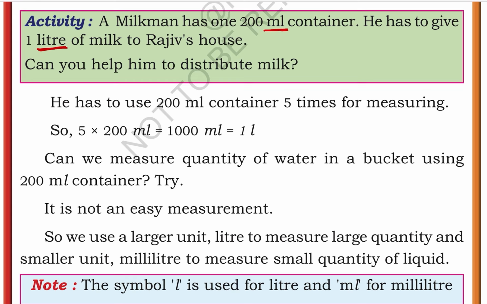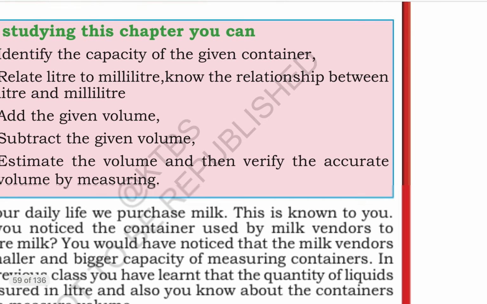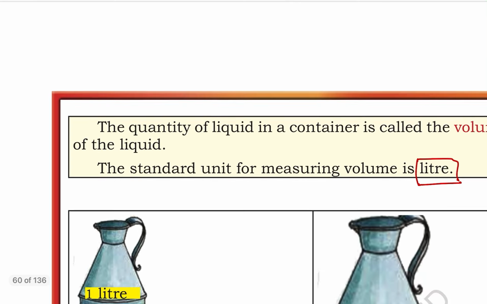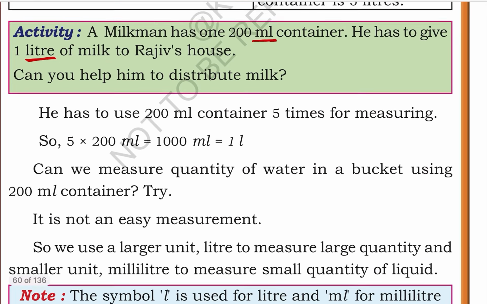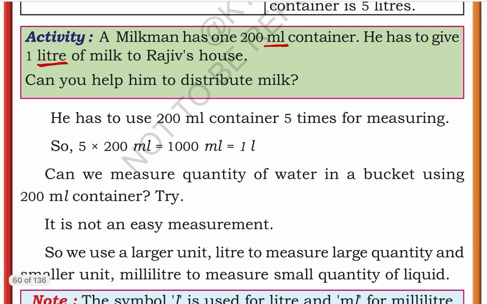I will explain you, don't be confused. See, he has 200 ml. What is the relationship between liter and milliliter? We have learned in the previous page. Recall, 1 liter is equal to 1000 milliliter. Now, here he has to give 1 liter of milk to Rajiv's house.